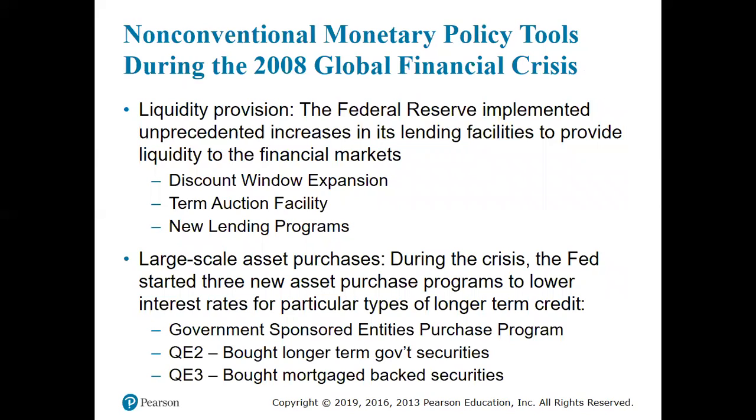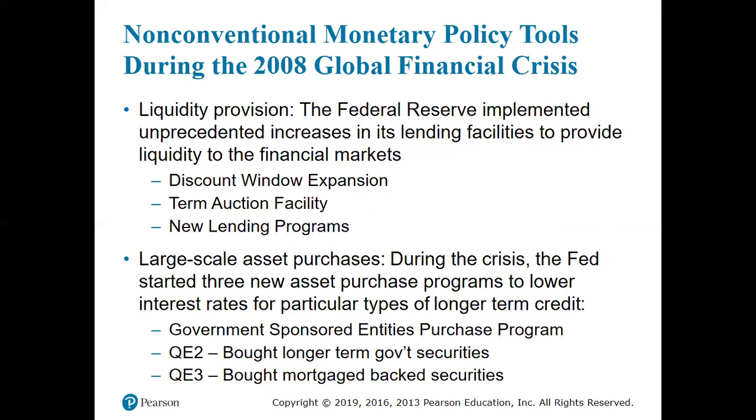basically 3 new purchase programs to lower interest rates for particular types of longer-term credit. So they determined that, hey, they had lowered the Fed funds rate as far as they could, and so their short-term overnight rate for banks was down basically at 0, but even though they'd lowered that down, mortgage rates were still up at like 5% or something like that.